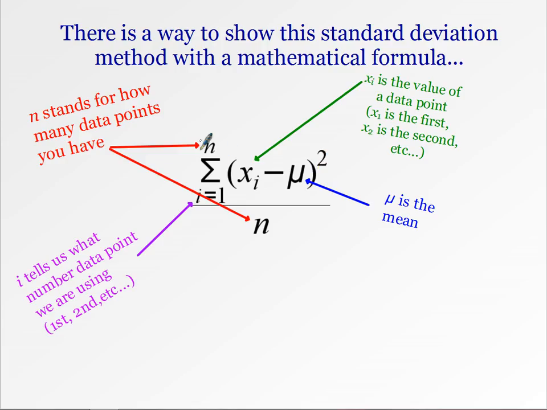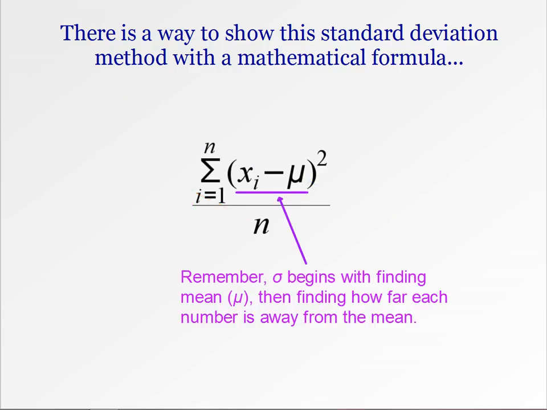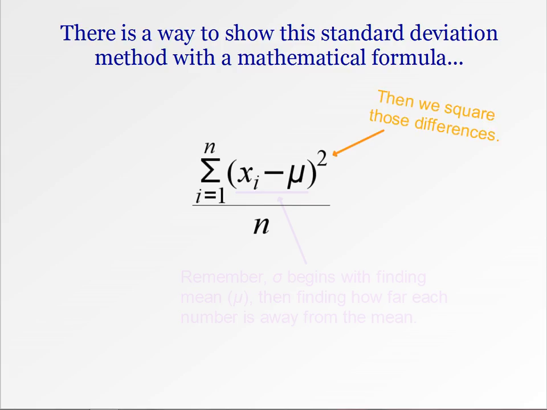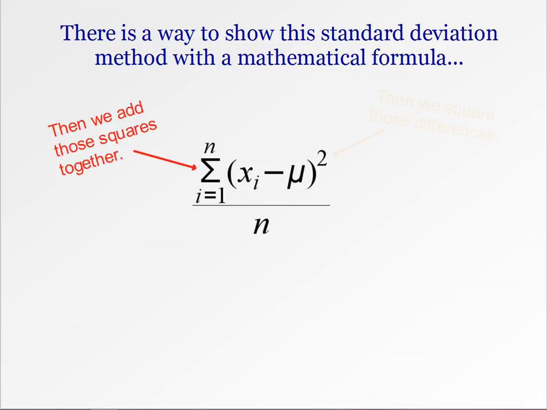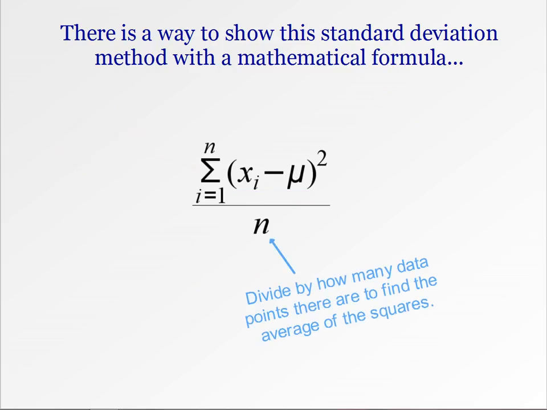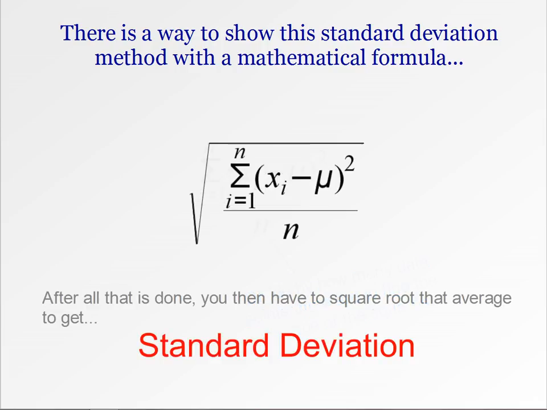This is adding up that whole third column, and dividing by n takes its average. And when you square root that number, you get standard deviation. So this all is done to find standard deviation.